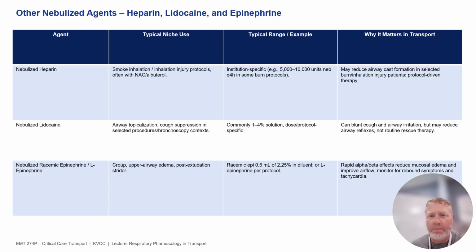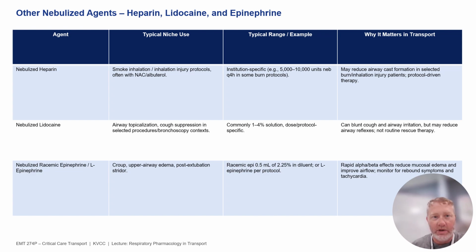It helps to prevent airway cast formation, the fibrinous cast that can completely obstruct bronchi in the hours after smoke inhalation. Dosing is institution specific. Usually it's around 5 to 10,000 units nebulized every 4 hours, and it's almost always paired with NAC and albuterol. But anybody with smoke inhalation, any inhalation injury, think about nebulizing heparin if you have it on board.